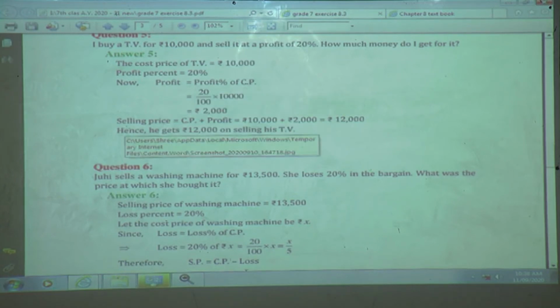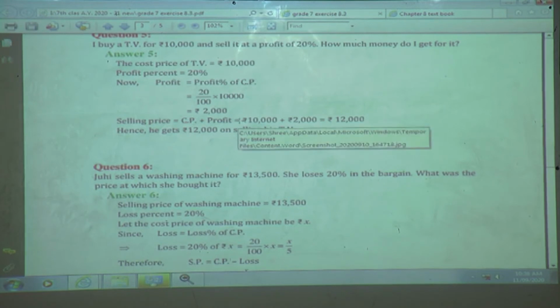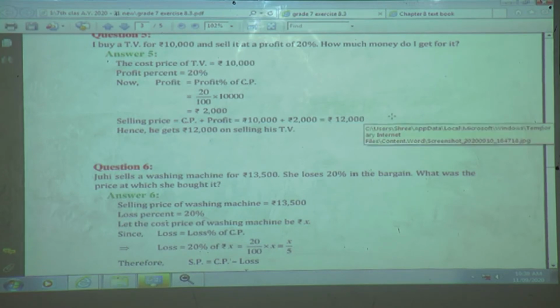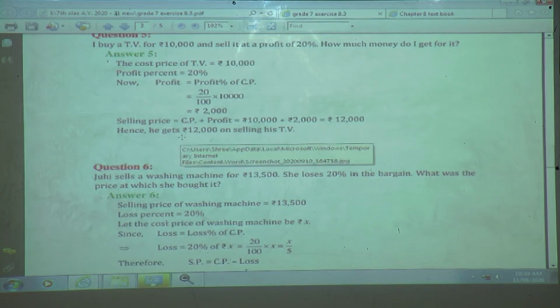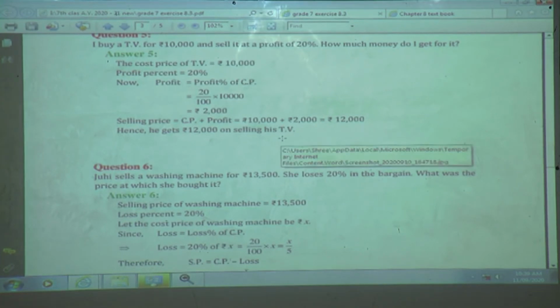So what will be the selling price? It is equal to CP plus profit, that is cost price plus profit, equal to 10,000 plus 2,000 is equal to 12,000 rupees. Hence he got rupees 12,000 on selling his television, with rupees 2,000 as a profit.